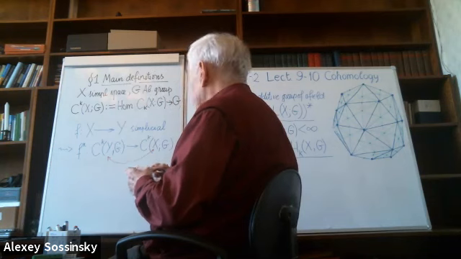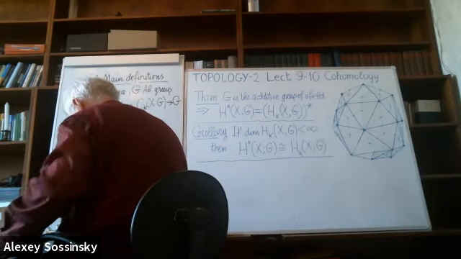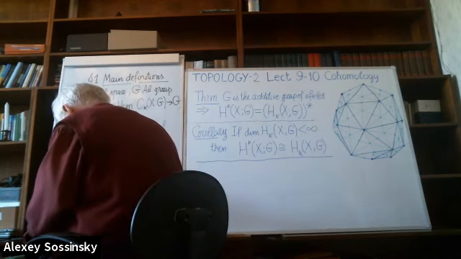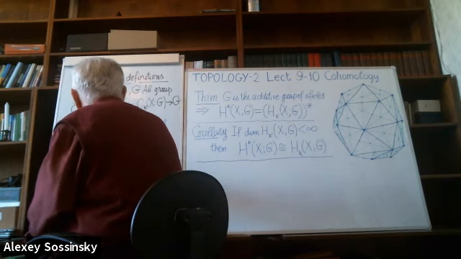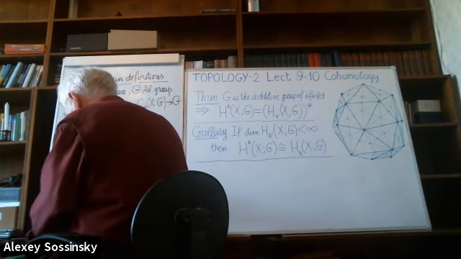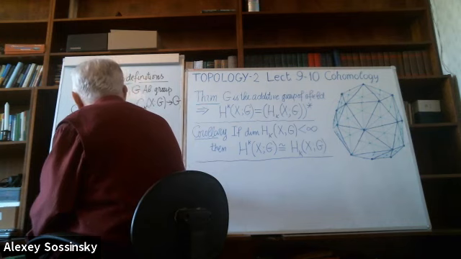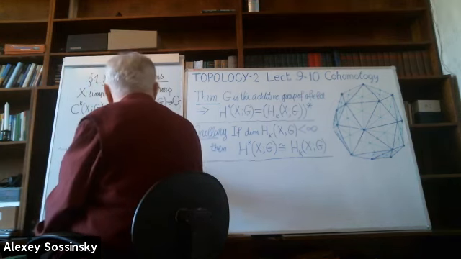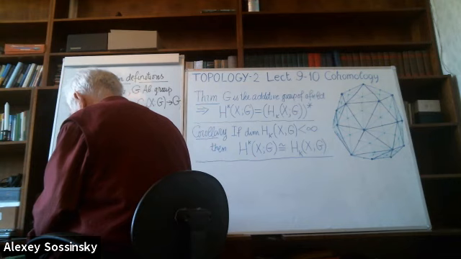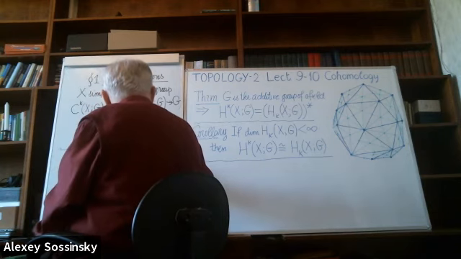And this is defined in the only reasonable way that it can be done, namely, supposing we have an element of this cochain group, which is a cochain C^K_Y, and it is assigned to some chain C^K_X.